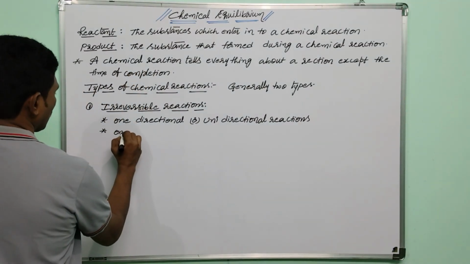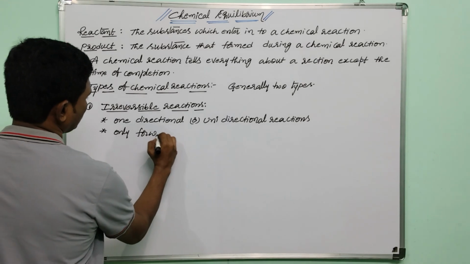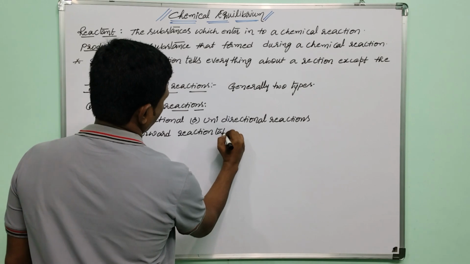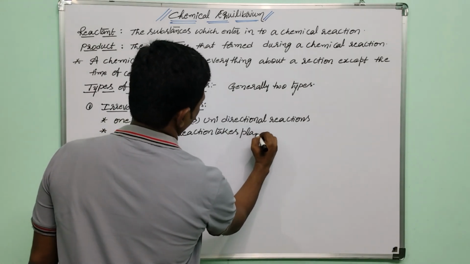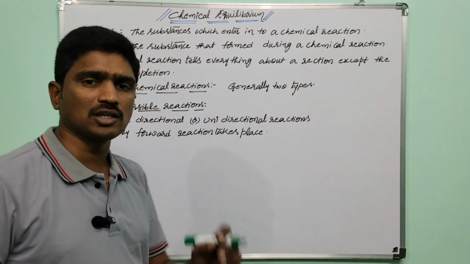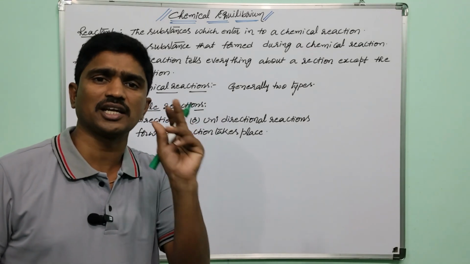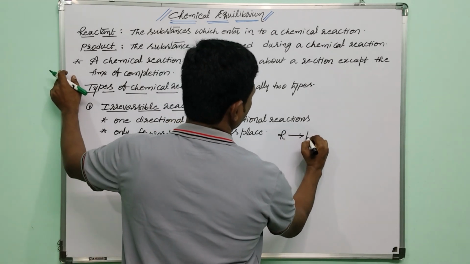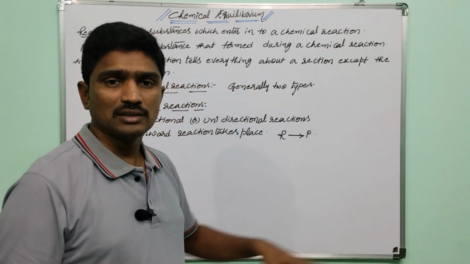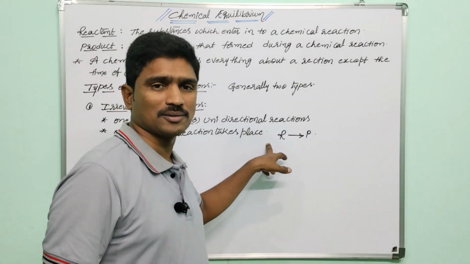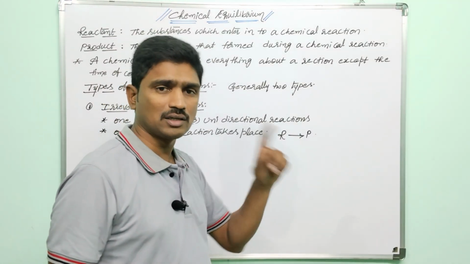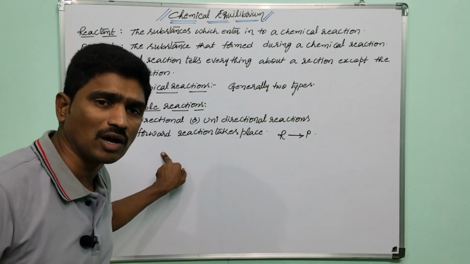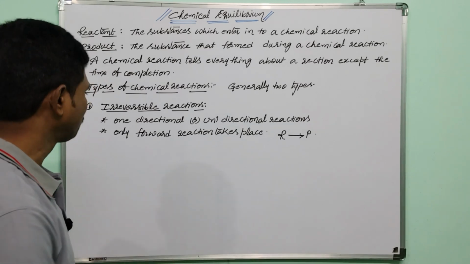So in an irreversible reaction, only the forward reaction takes place. Here reactants convert into products. That's it. They never give reactants back. Such reactions are called unidirectional or one directional reactions.